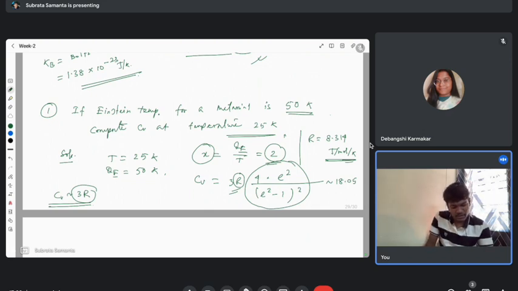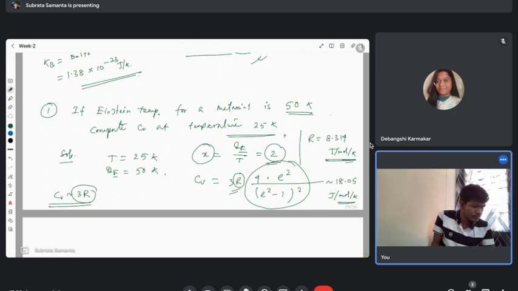So the unit is just joule per mole per Kelvin. Again, we can add observables only when the dimension is the same, so different dimensions cannot be added or subtracted.